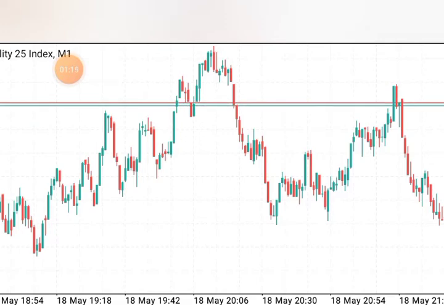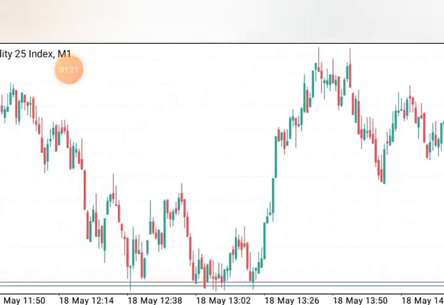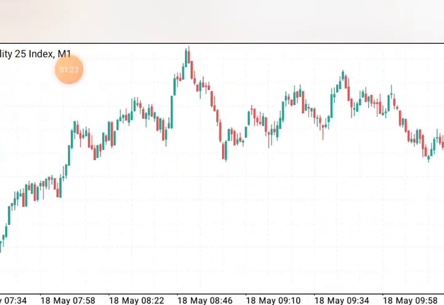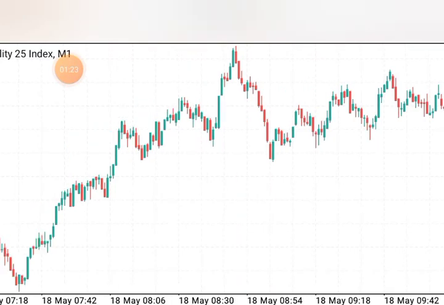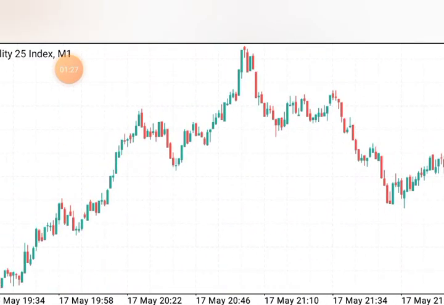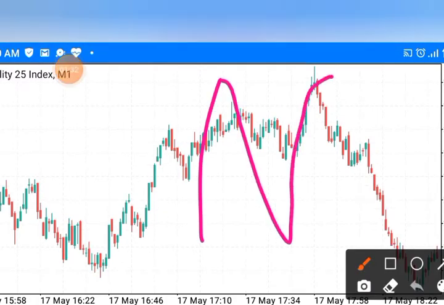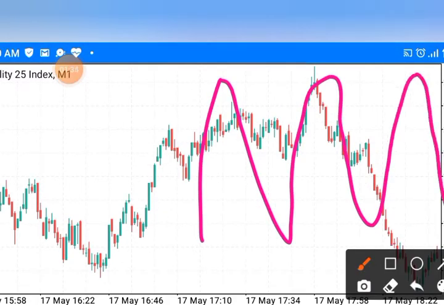Okay. So guys, what you need to trade this strategy is just to identify a place of support and resistance, and it's ranging. When I say that the market is ranging, I mean that the market goes up, comes down, goes up, comes down, goes up, comes down. Okay.